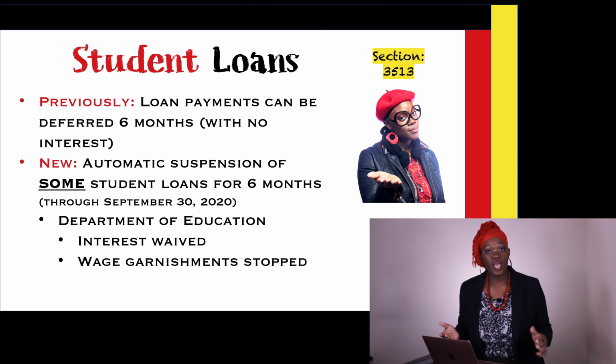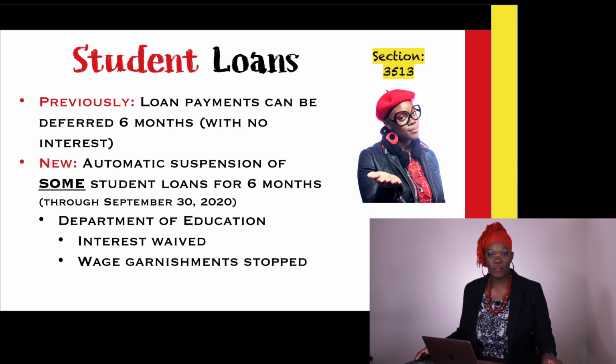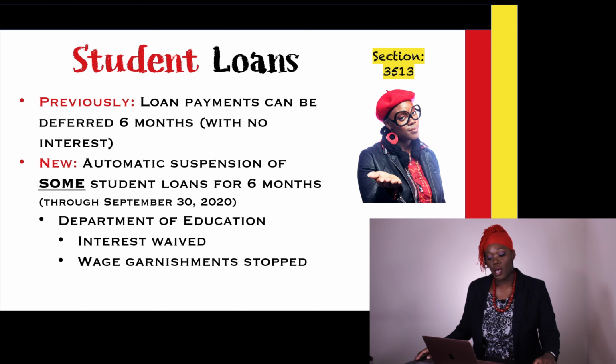But something new that happened with the CARES Act that is going to be coming down the pipeline very soon is that they passed an automatic suspension of some, and I wanted to highlight that it says some, student loans for 6 months. That means through September 30th. My understanding is that it's all the student loans that are held through the Department of Education.